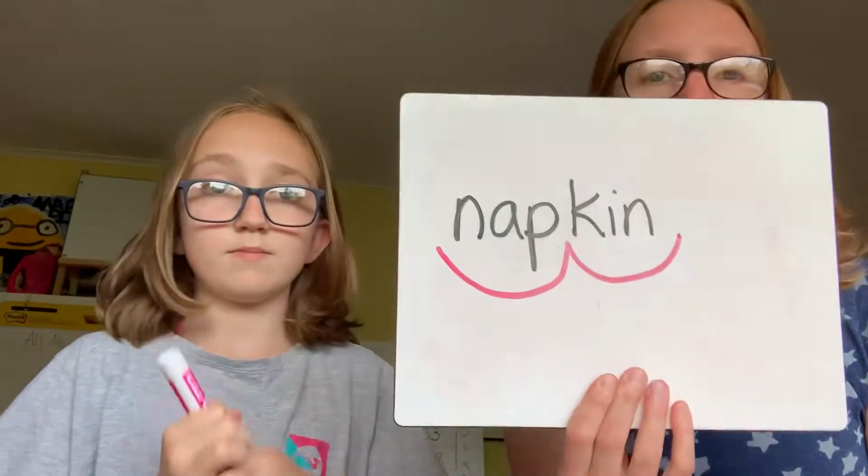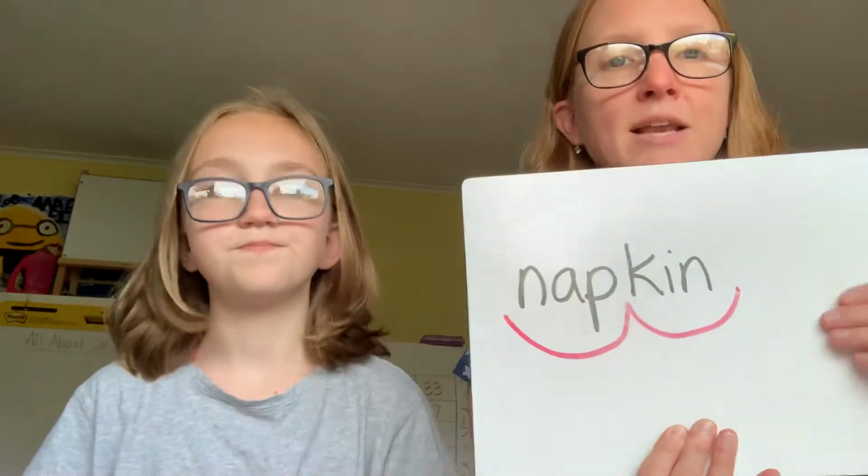And in order to mark this up, Maddie, to show those syllables, we're going to scoop those 2 syllables, just like that, napkin. And you'll see here that between the P and the K, we have one little CVC word, or a closed syllable part here.